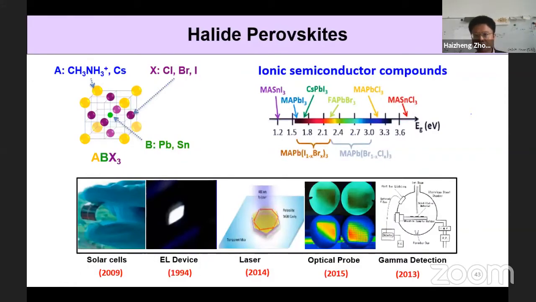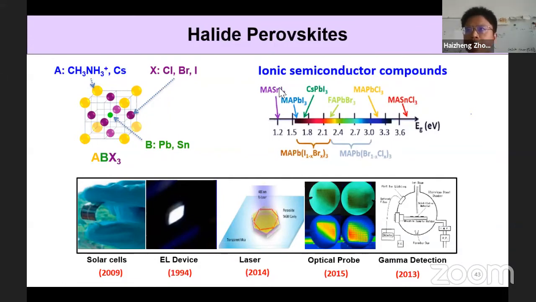So here I would like to briefly introduce perovskites. Halide perovskites are the typical materials, and the key difference is that they are ionic compounds with a formula of ABX3. A can be methylammonium or cesium, B can be lead or tin, and X can be chloride, bromide, or iodide.